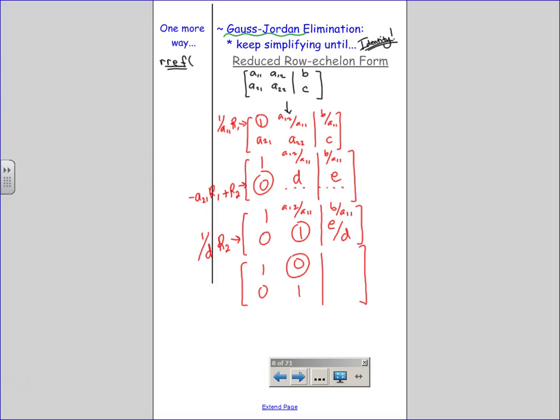You have a 1 right here? Multiply by the opposite of him and add? Actually, I can show that because that one wasn't too messy. So I can do negative a12 over a11 times r2 plus r1.